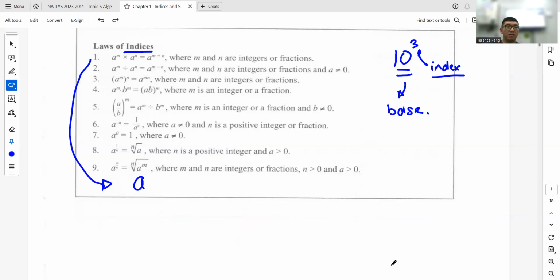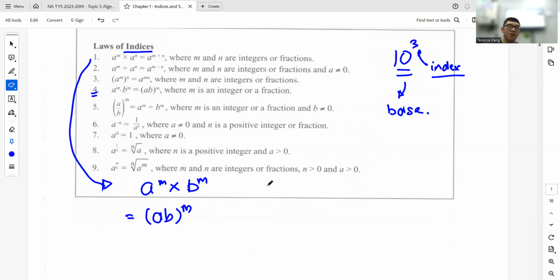The next one, law number 4: a to the power of n multiplied by b to the power of n. In this case, because the indices are the same but the bases are different, you can group the indices together, so you will get (ab) bracket power of n.